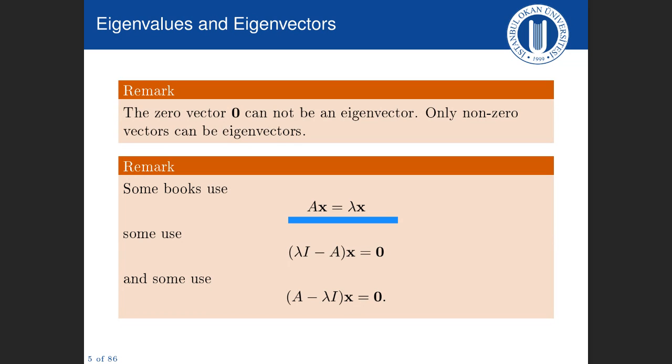Some books use similar notation. Some books use (lambda I minus A) multiplied by x is the zero vector, and some use (A minus lambda I) multiplied by x is equal to the zero vector. And of course, all three of these are the same.